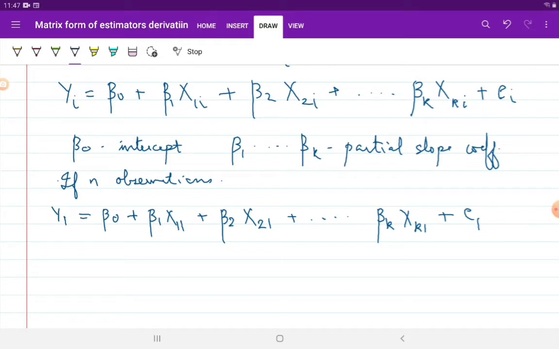Remember, the error term represents the deviation of the actual observed y from the estimated y value.